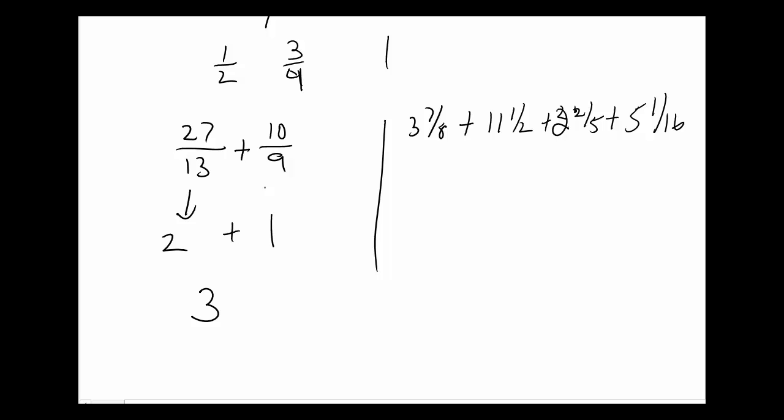Okay, so let's look at 3 and 7/8. I might want to use the technique of grouping, because I'm going to group 3 and 7/8 and 5 and 1/16. 7/8 is almost a whole, and 1/16 is a little bit more than 5, right? So if I take something that's almost 4 and something that's close to 5 and group those together, I get 9 for an estimate.